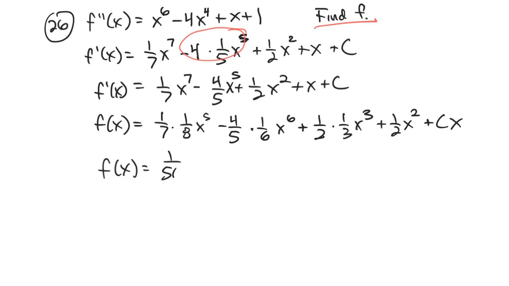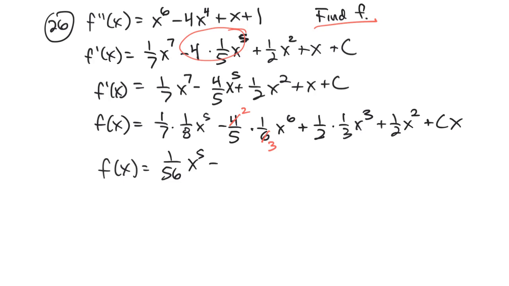Let's get 1/56 x to the 5th minus, well, here we're going to get 4/30. But what many of you would have learned to do is realize that 2 goes in there twice, 3 times.